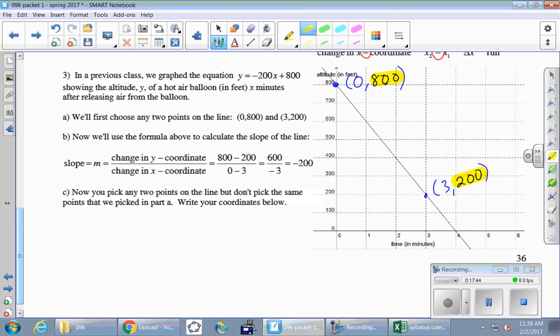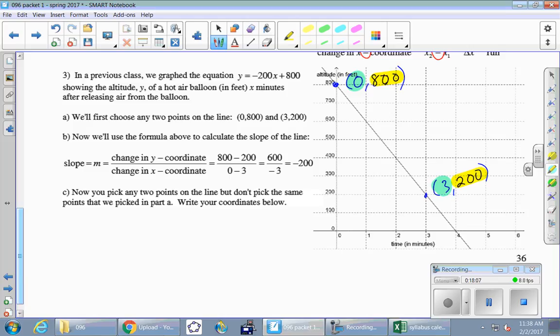So how much is the change? 600, right? It goes from 800 down to 200. That is a change of 600. So I've got 800 minus 200. Then let's take a look at the x's. There and there. 0 and 3. What is the change? Yeah, is it 3 or is it negative 3?